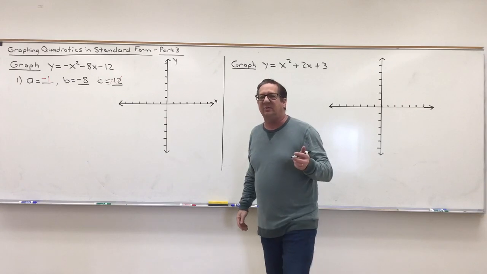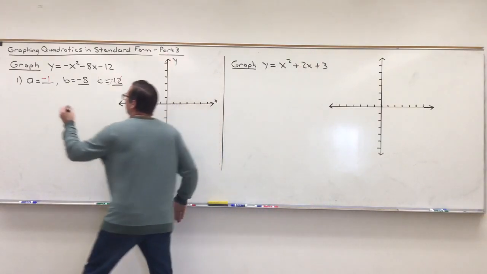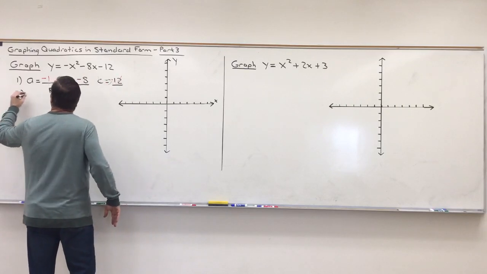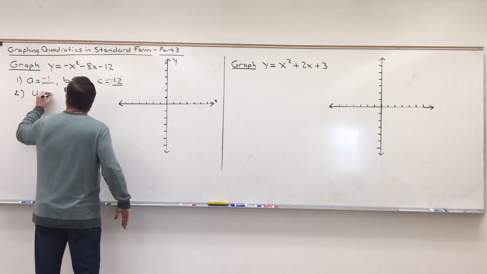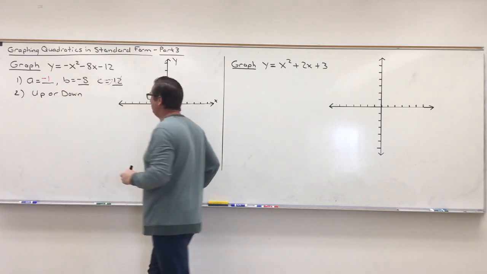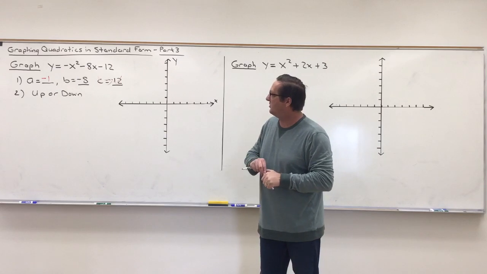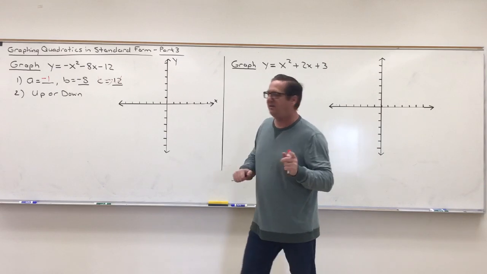Okay, step 2 is determine whether our parabola is going to go up or whether it's going to go down. So, is our parabola going to go up or down? It is going to go down because our A value is negative.